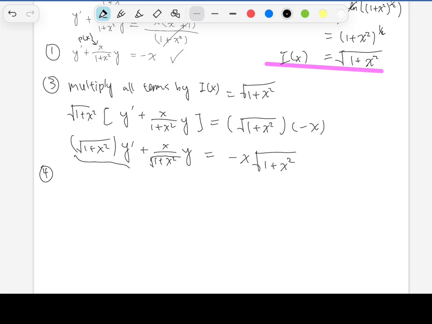Notice that this is a product rule, and that means we can rewrite it as d/dx of f times g. So we have 1 plus x squared times y.